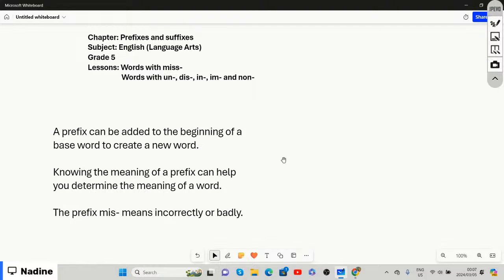When it comes to prefixes, a prefix can be added to the beginning of a base word in order to create a new word. We have our base word, the word that can stand on its own. But as soon as we add a word or letters in front of that word, then we call that a prefix.